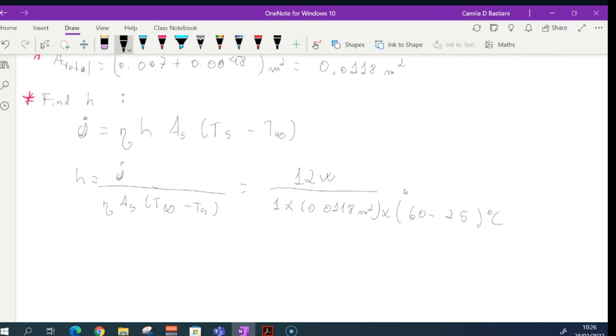The only difference if you invert here is that you're going to get a negative number that is expressing that you are losing heat, okay? That's the only difference, this sign. So your h of convection is 29.06 watts per meter square degrees Celsius.